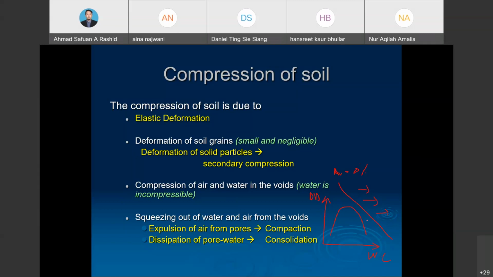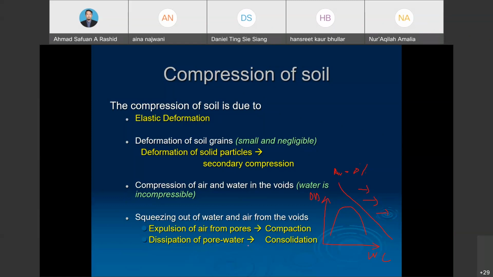While for consolidation, for one single loading, we need to spend 1 day or 24 hours. So the consolidation process allows for the dissipation of pore water. So that is the difference between compaction and consolidation.